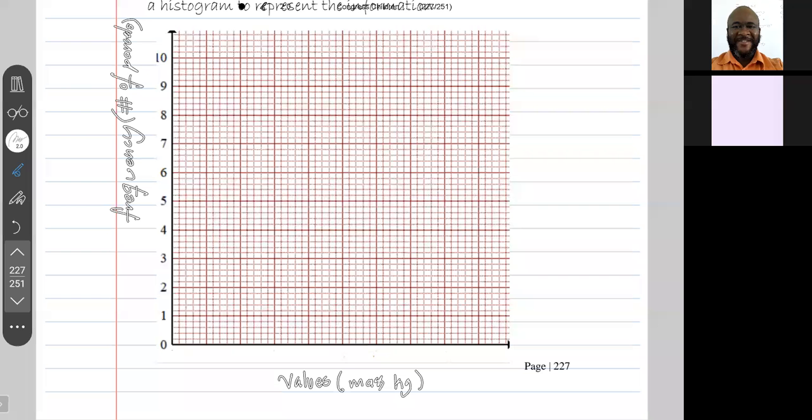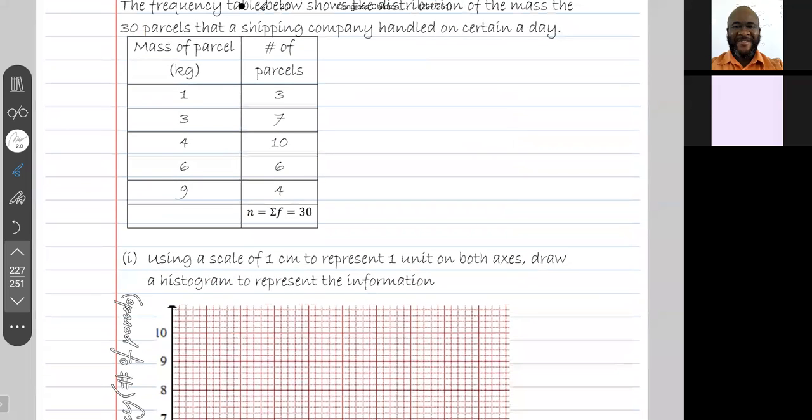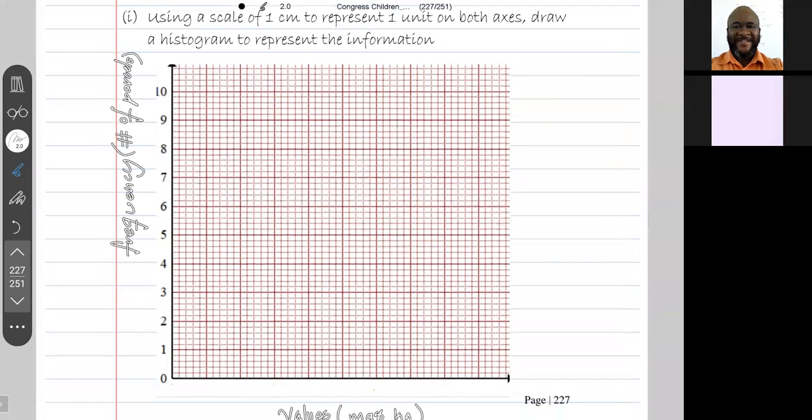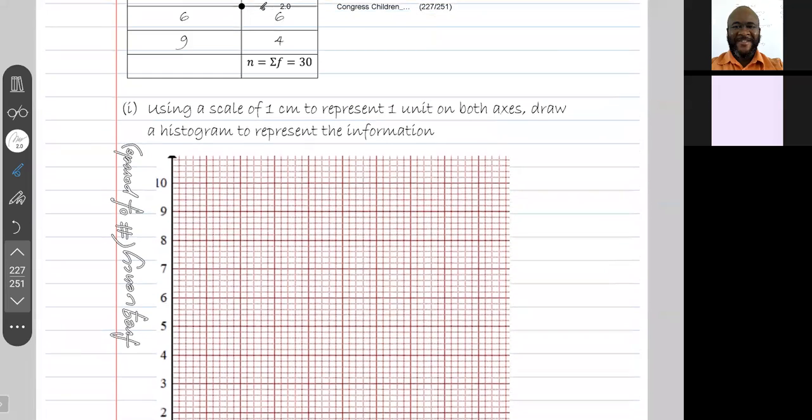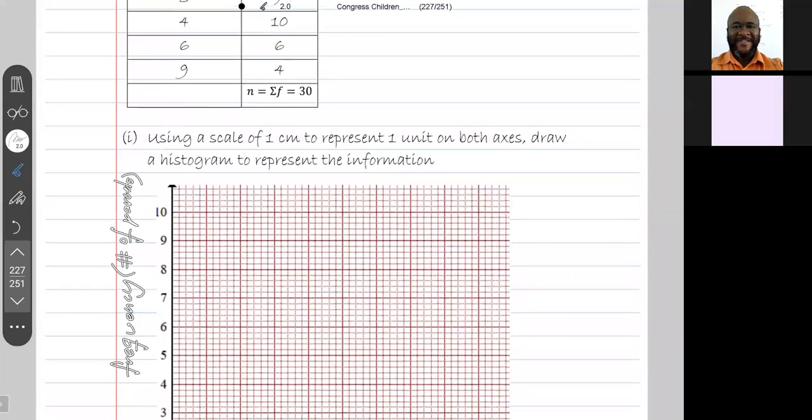So this is how I would have numbered the horizontal axis. My values were what? The weights were 1, 3, 4, 6, 9. So I put my 1, 3, 4, 6, 9. How many parcels weigh 1 kilogram? So it's 3, 7, 10.